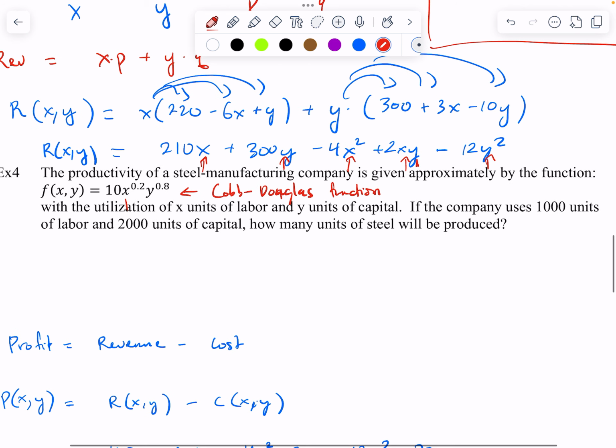Your inputs are X and Y, where X is the number of units of labor, like number of workers, and Y is the number of units of capital, like machinery. The output, f of x, y, will be the number of units produced for a single company, or even an entire country.